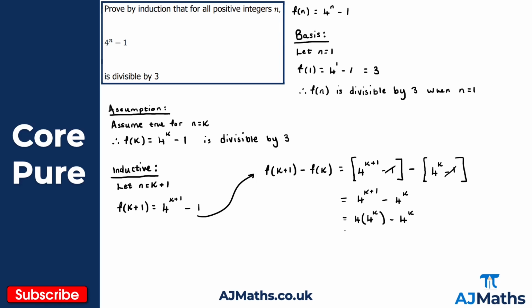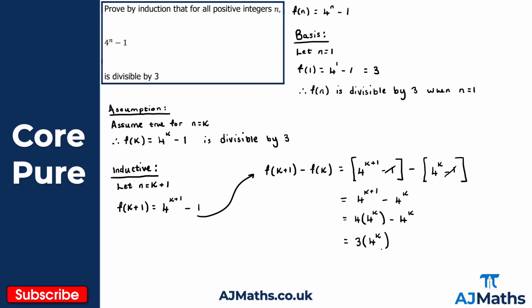So now if I've got 4 lots of 4 to the k and I minus 4 to the k, what I've got here then is 3 lots of 4 to the k. Okay. And clearly, this here must be divisible by 3 because it's 3 lots of 4 to the k.